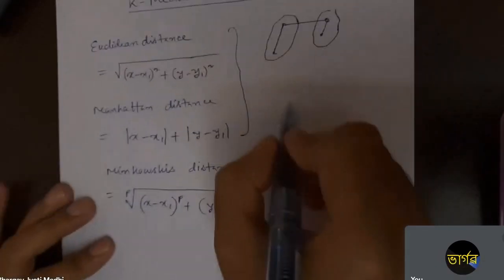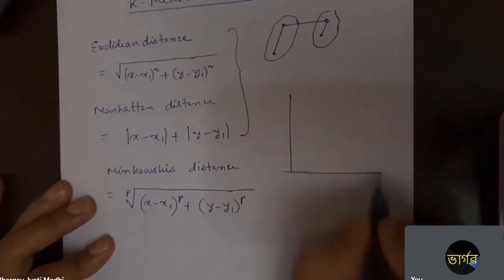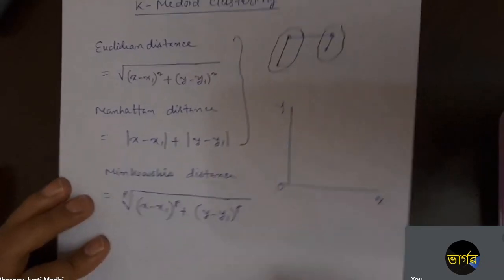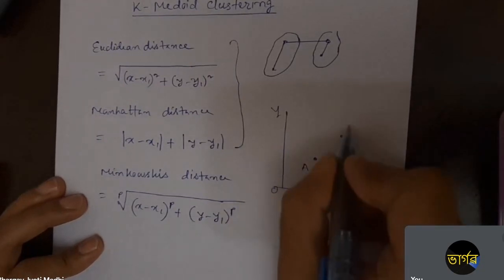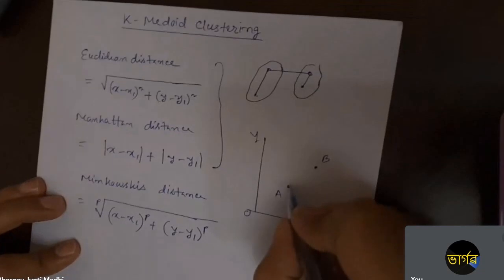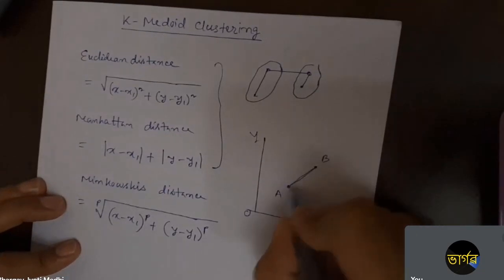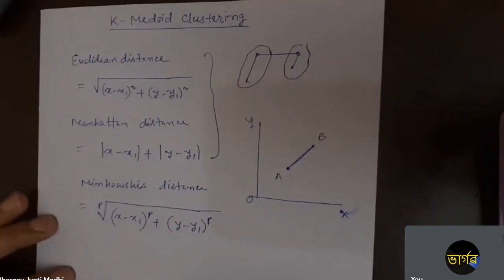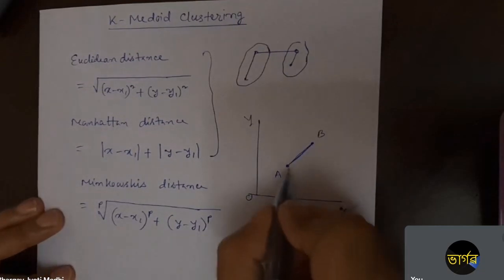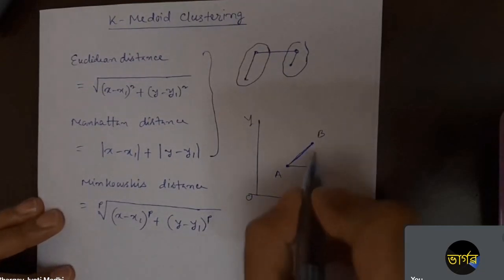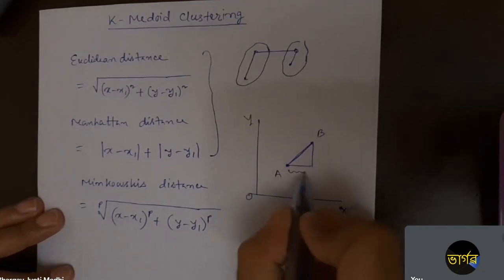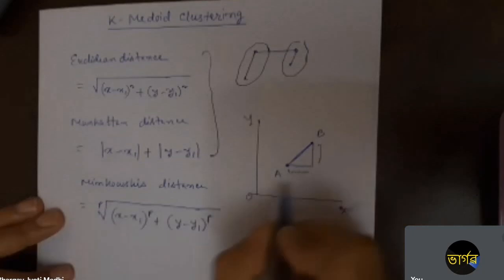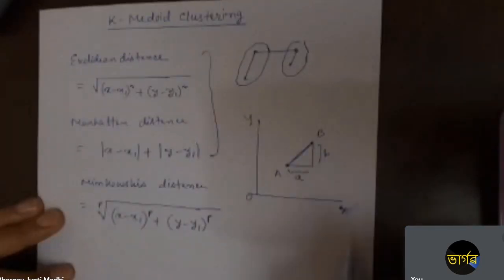if you have 2 points, this is A, this is B. The Euclidean distance is this one, the straight line joining the 2 points. And the Manhattan distance is the sum of the coordinate-wise distances, so this distance plus this distance. If you denote one by small a and the other by small b, then the Manhattan distance will be small a plus small b.